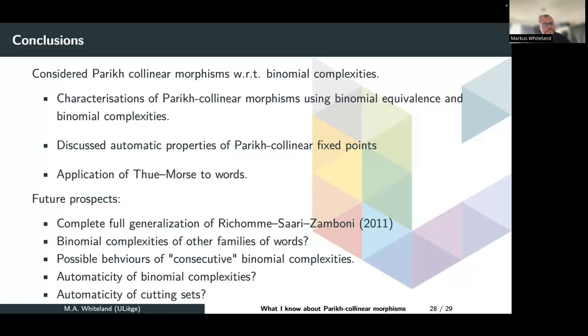So here we were essentially relying heavily on this recognizability result on essentially primitive morphisms, but you can imagine cases where you have no hope of having any recognizability constants, for example, but still, if your morphic word happens to be automatic with a strange morphism, you still can define this cutting set in the suitable theory.